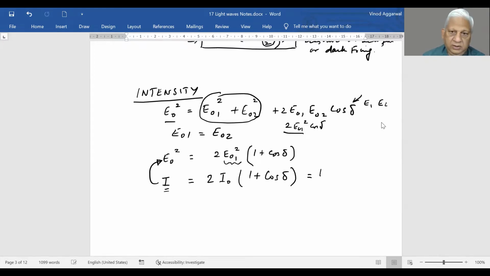This is also written as, we add these two trigonometrically, and it results into this.